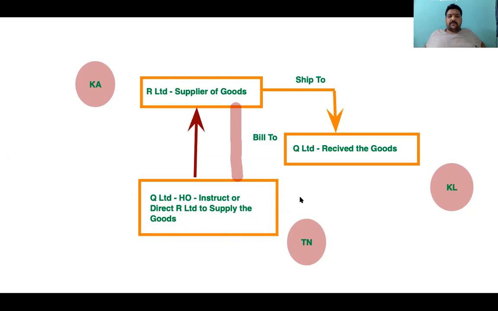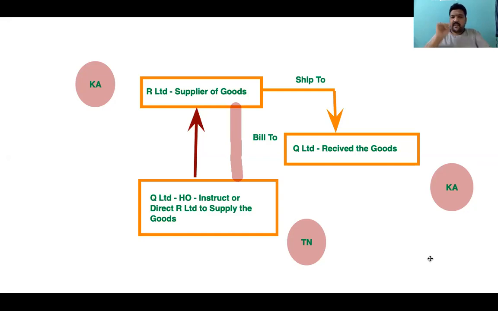Q Limited head office in Tamil Nadu instructs R Limited and says, supply the goods to my branch in Karnataka, and collect payment and money all from me.